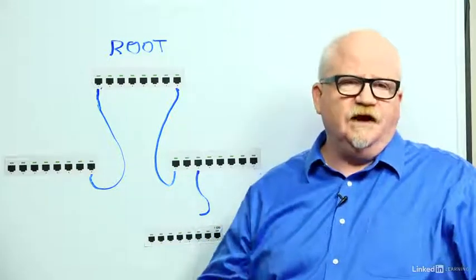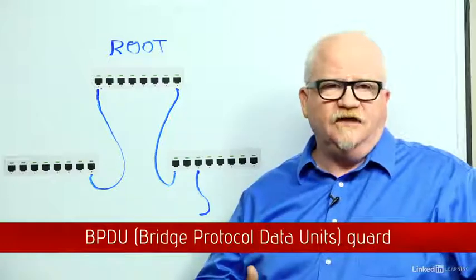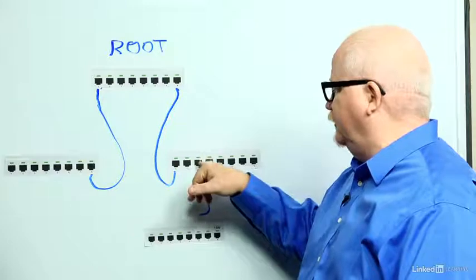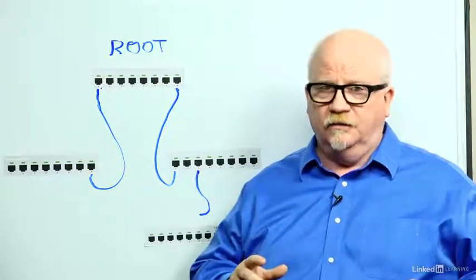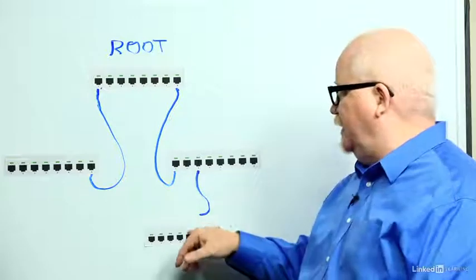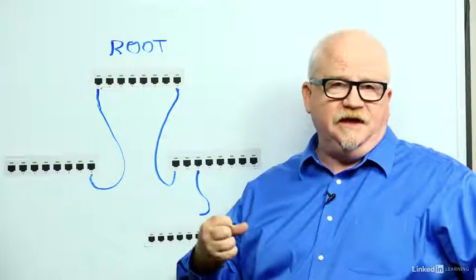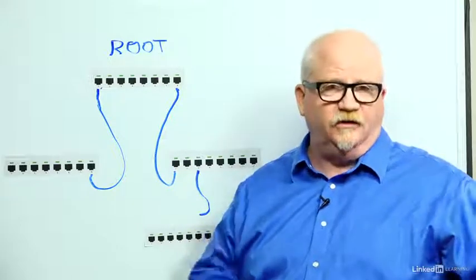So what Cisco invented is something called BPDU guard. All this means is that when this guy's initially configured, we will turn him on to say, look, the only thing you're ever going to connect to is another computer. So the moment we try to plug in a switch, this switch is going to start sending out what are known as BPDUs, which are basically the negotiation of STP for Cisco devices.